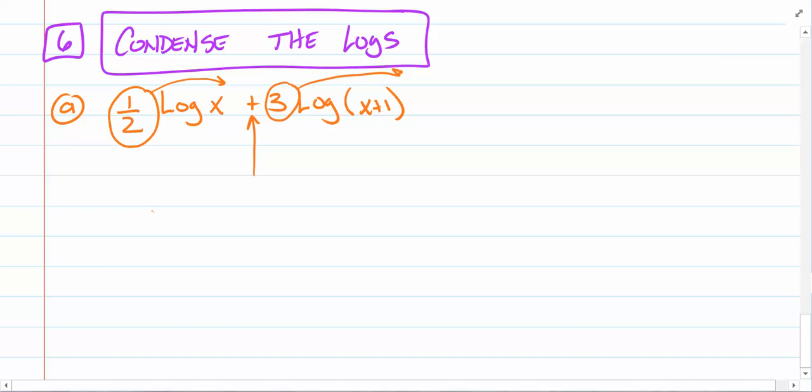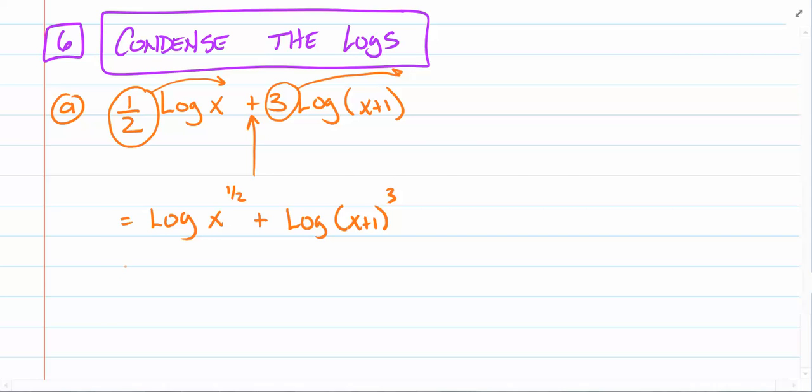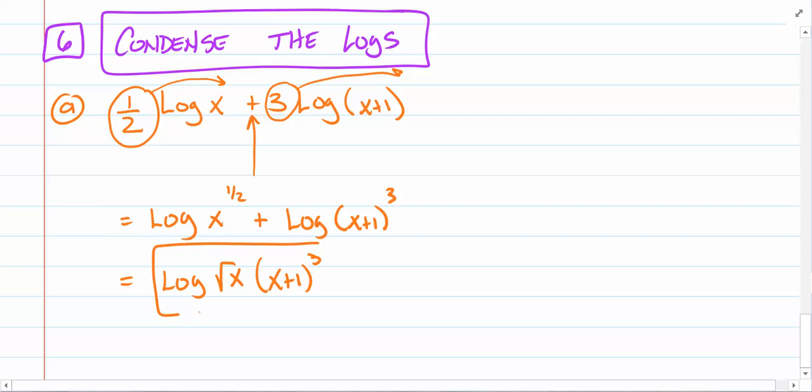So I should have this: log base 10 of x to the 1/2 plus log base 10 of x plus 1 to the 3rd. Since I am adding those logarithms, they can be condensed through multiplication. So that means I'm going to have log base 10 of the square root of x times x plus 1 to the 3rd. And now I have rewritten it as a single logarithm.